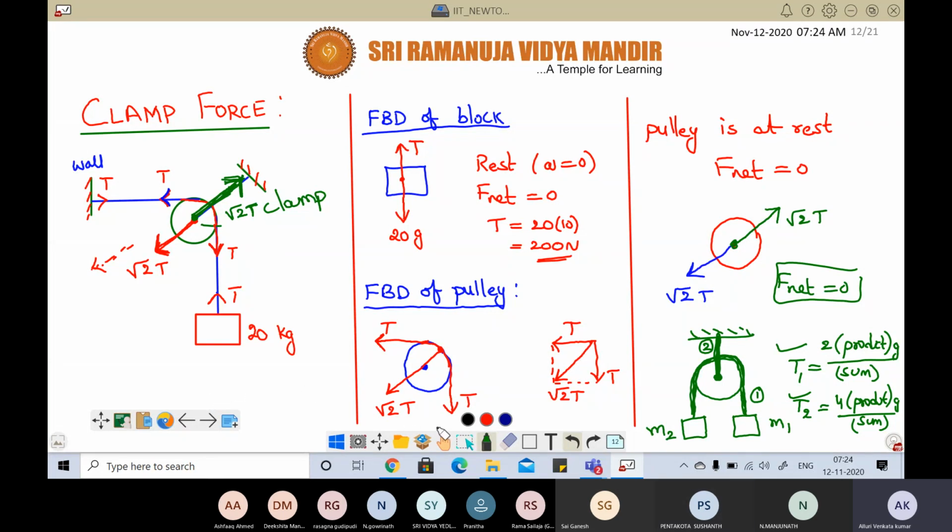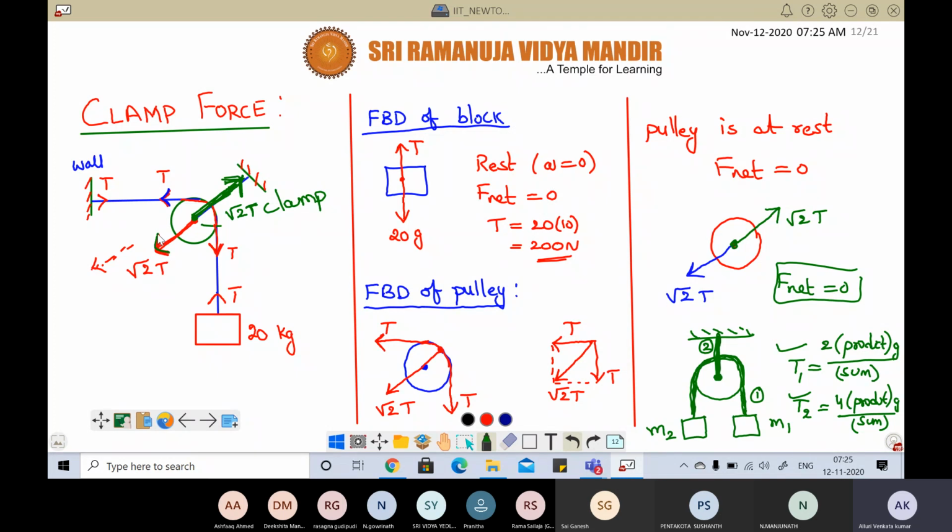Before that, who is having a doubt? Sushant, what is your doubt? Sir, if there is no clamp, then the pulley will move, no, sir? Correct. When there is no clamp, the pulley will move this side, in the direction of the root 2T red arrow.